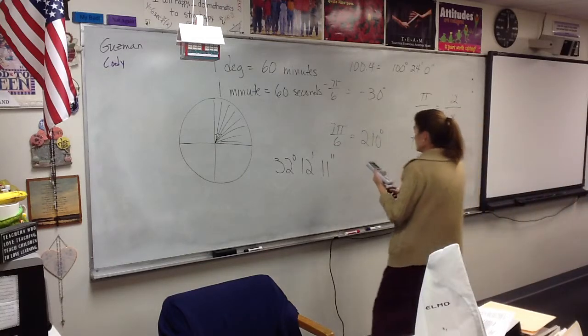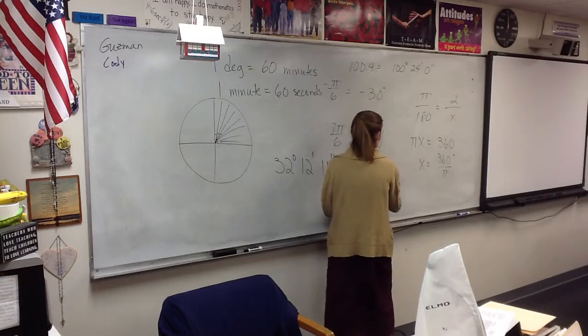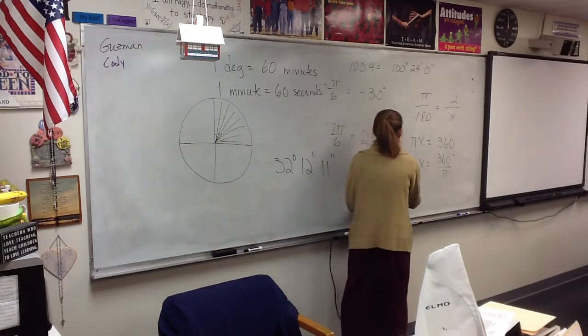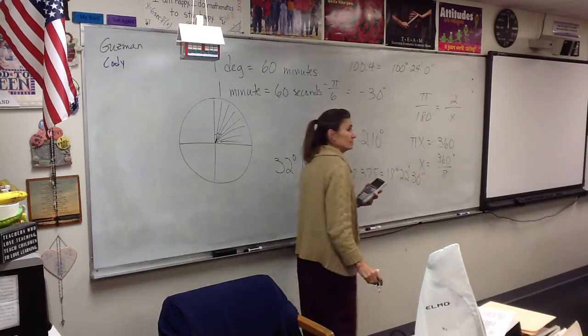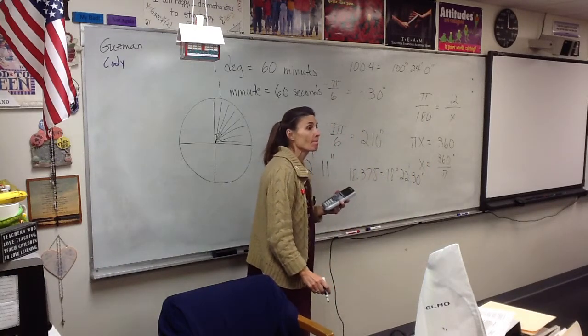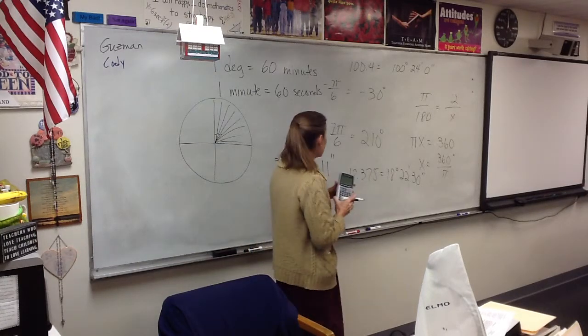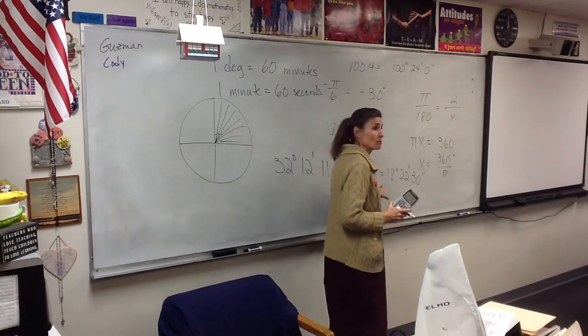What did you get for that one? 18.375 was 18 degrees, 22 minutes, 30 seconds. So, Ms. Ford, will the number before the decimal always be your degree? Yep, because this says 18 whole degrees, and then a fraction of part of the degree.